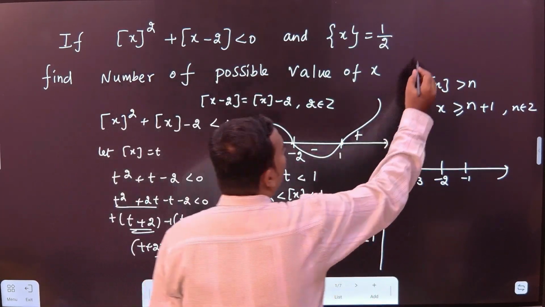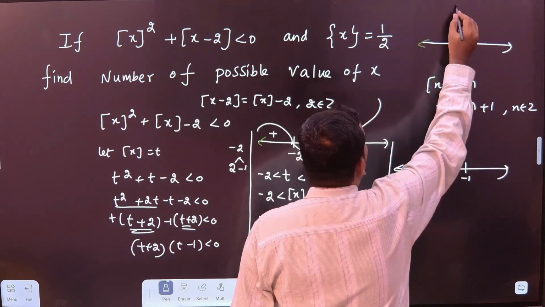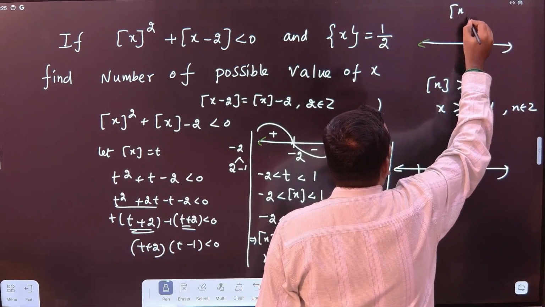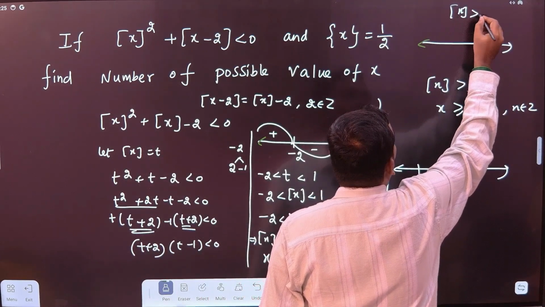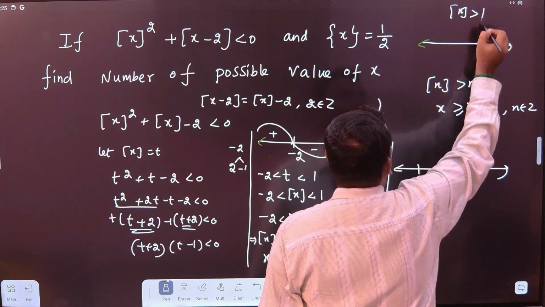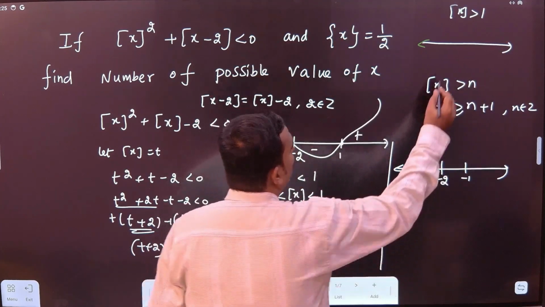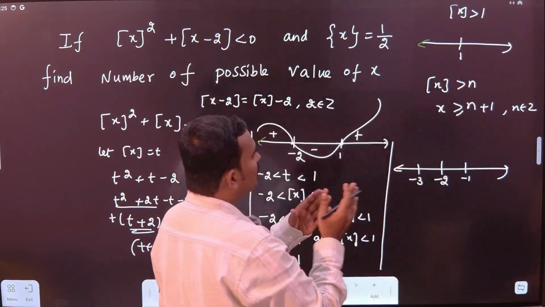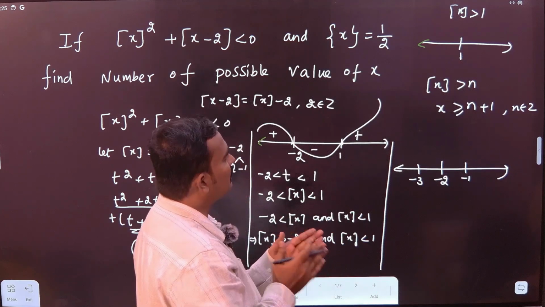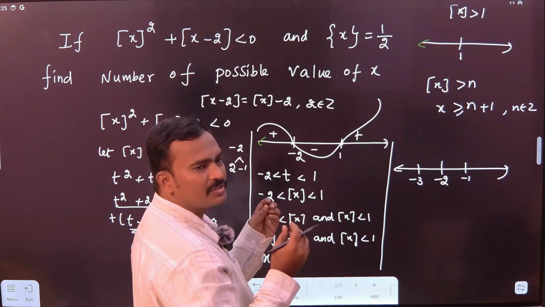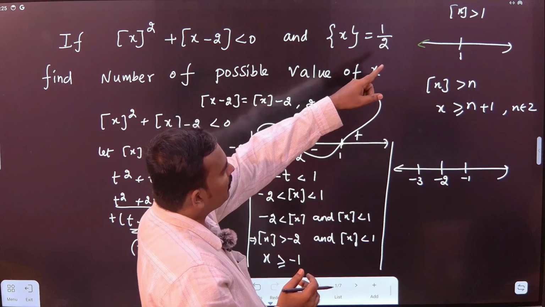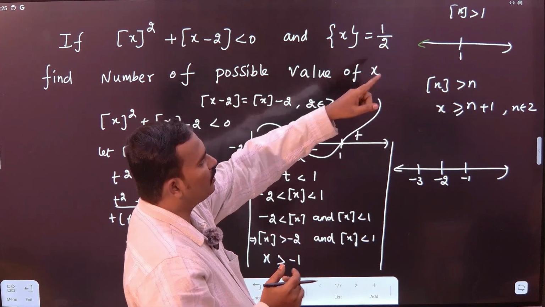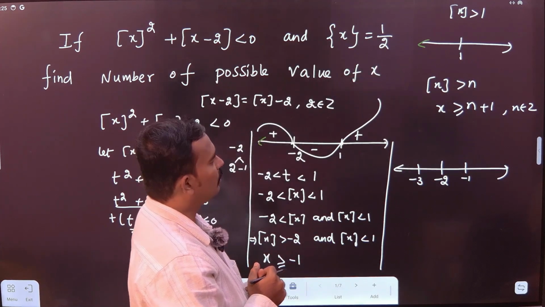For example, if I take greatest integer function is greater than, suppose 1 you can take. Greater than 1 you take. So, you fix 1 here, right? If less than 1 you take, more than 1 you take. Less than 1, which number can you take? 0.5. 0.5 greatest integer is what? 0. 0 is greater than 1? No, it's not possible.